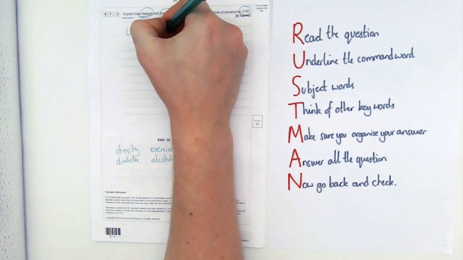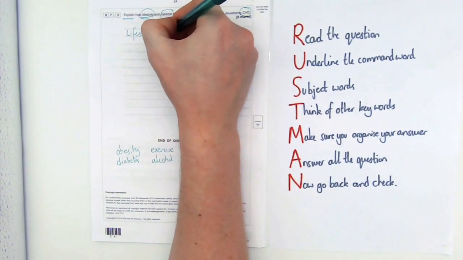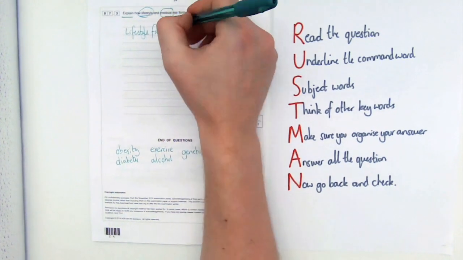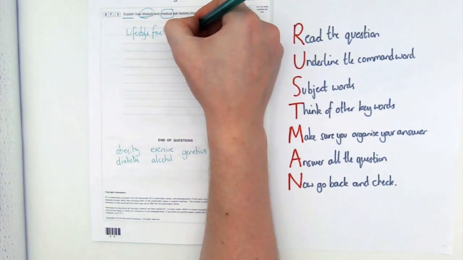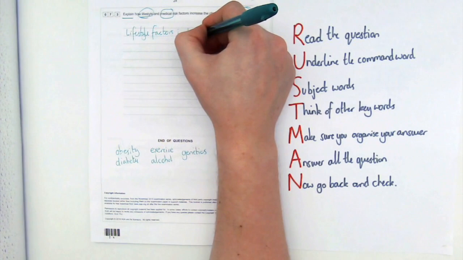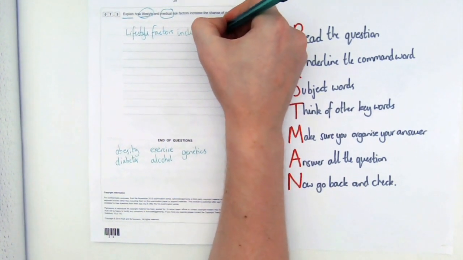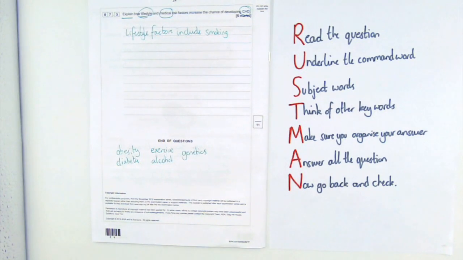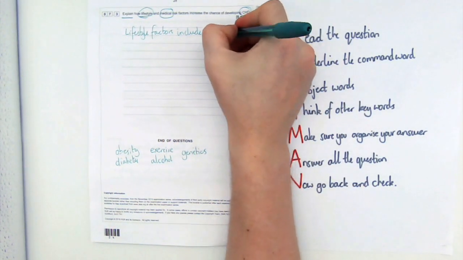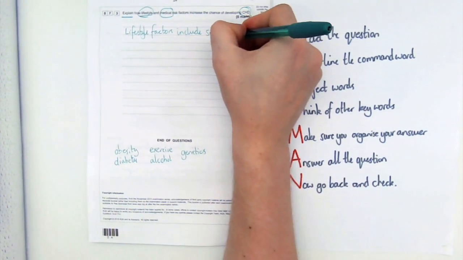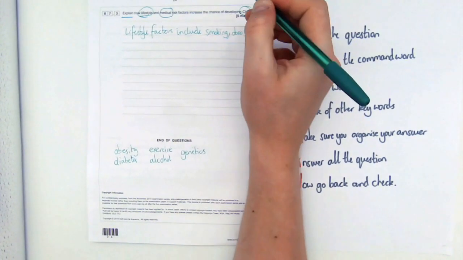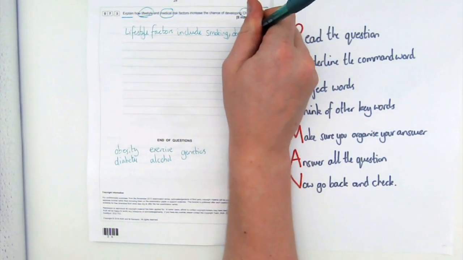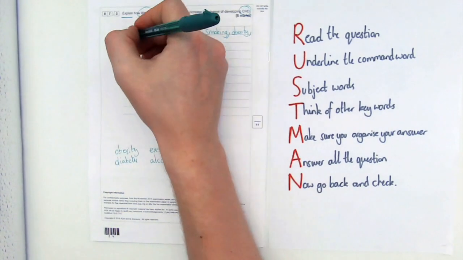So lifestyle factors, okay, include things like smoking, because that's a choice, isn't it? Okay, you are choosing to smoke. Things like obesity, it's a little bit more vague, but obviously if you eat too much, then that's not going to help.